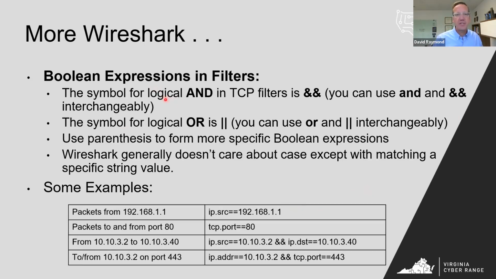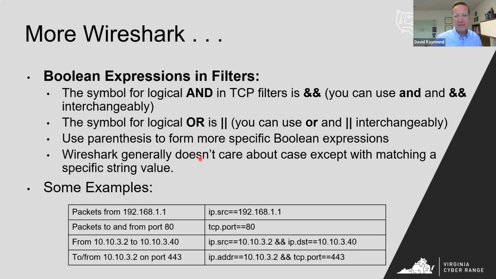So for Boolean expressions, you can use a logical and using the double ampersand. Or you can use uppercase AND instead of that. I usually use ampersands. And the logical symbol for or is the two pipe symbols here. So you can use the pipe symbols. You can use parentheses, as I mentioned, for more specific Boolean expressions.